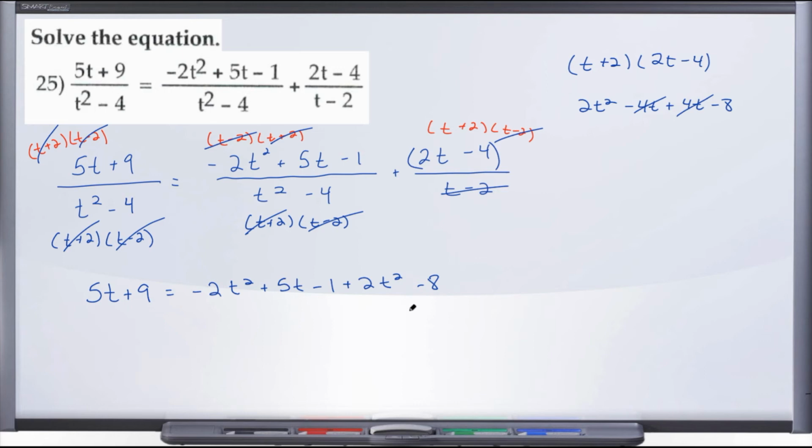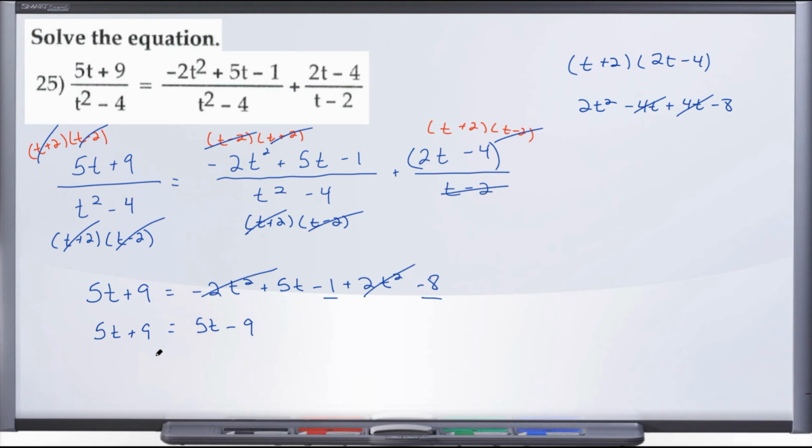All right, let's go ahead and combine some like terms and see what happens, shall we? Negative 2t squared, positive 2t squared, well, that goes away. We have 5t and no other t's, so that'll come down as 5t. Minus 1, minus 8, we get a negative 9. And so let me bring down 5t plus 9. Let's go ahead and try to get everything on one side of this equation.